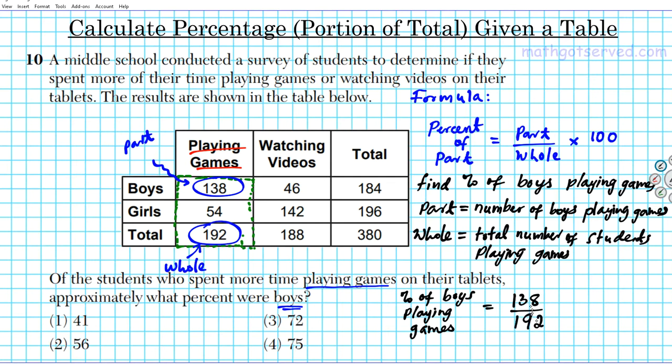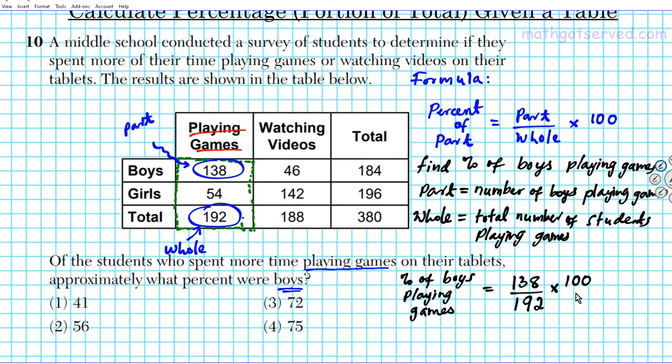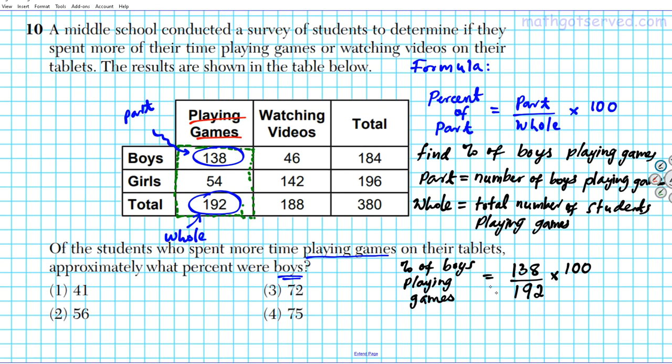This is the fraction of the total that represents the boys playing games. To convert this into percent format, we are going to multiply it by 100.